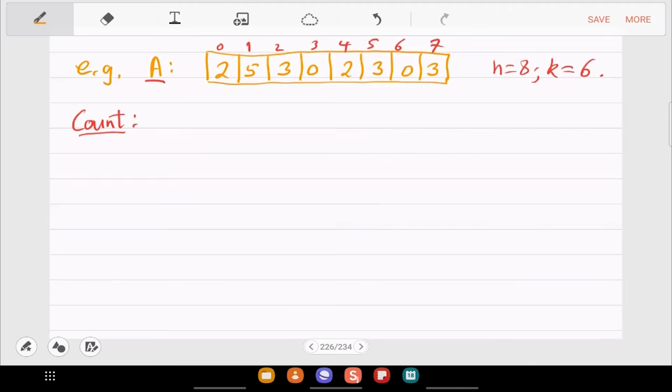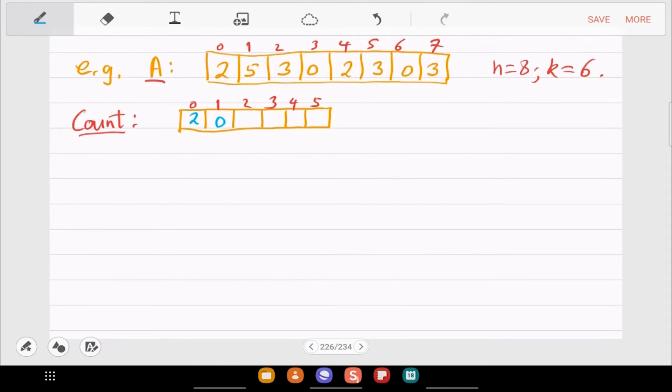So let's draw 0 to 5. The thing to compute is now the frequency of 0, which is 2. Frequency of 1 is 0, never appears.